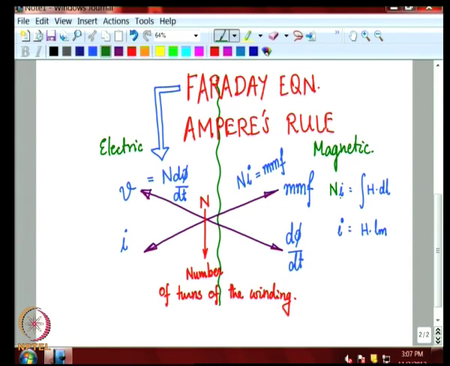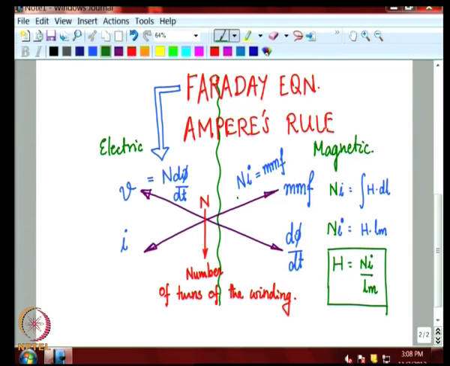So, it is Ni, the cumulative effect of all the turns, which is the integral of H dot dl, and therefore, Ni is equal to H Lm, and the magnetic field within the magnetic core is given by Ni by Lm. So, this is as per Ampere's rule.